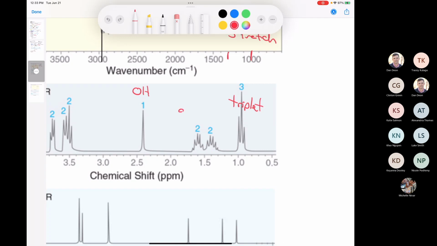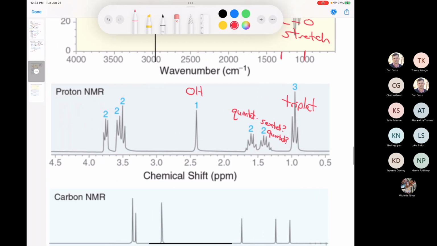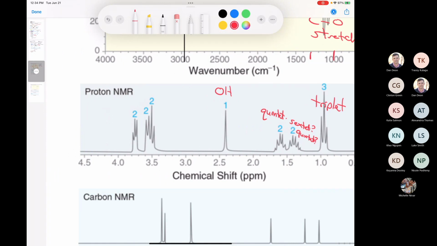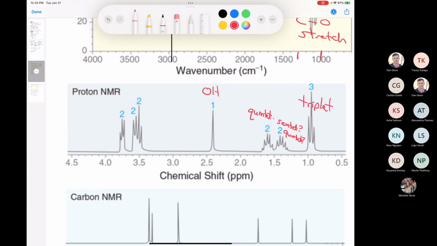I'm going to write quintet by this one. Quintet here. And then this one, I can't tell if it's a quintet or a sextet. I'm not 100% sure, so we'll put here sextet or quintet, maybe. And then if we go down here at the end, we have a triplet, and it's kind of hard to tell what's going on here.